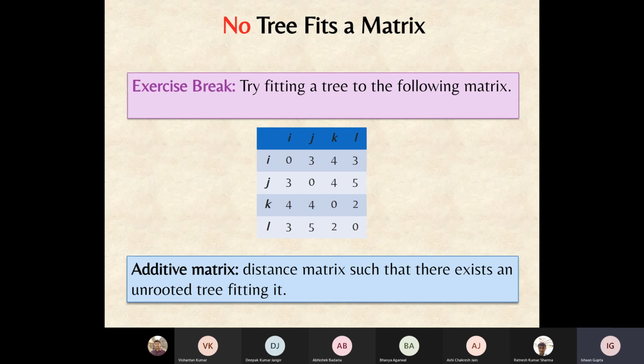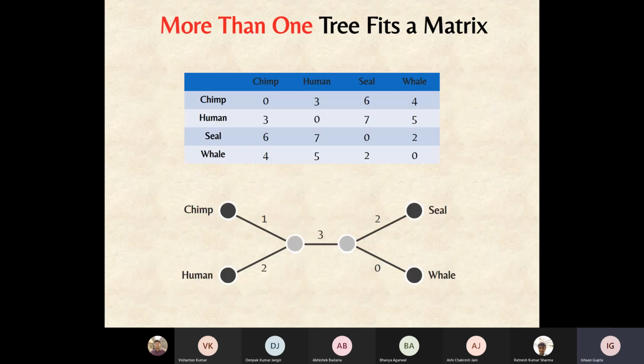Those distance matrices for which an unrooted fitting tree exists are called additive matrices. These are the kind of matrices that we are actually working with. In this particular case, no tree will fit this matrix if you give it a try, because this is not an additive matrix.